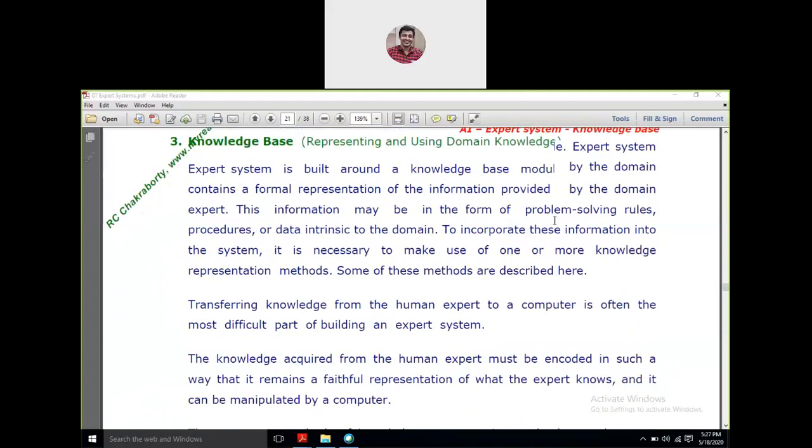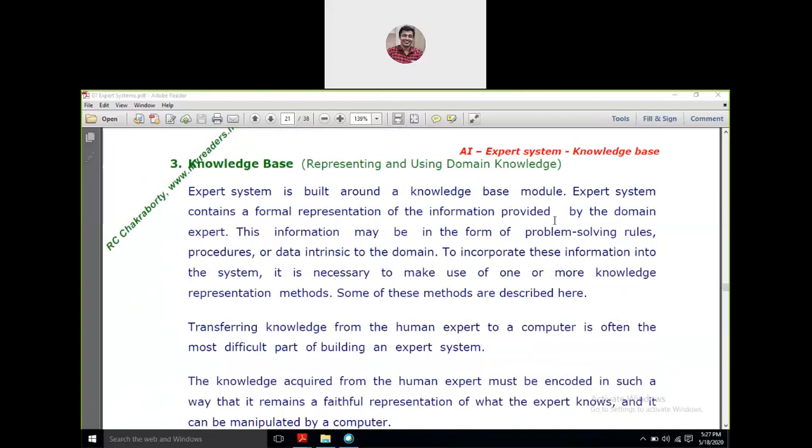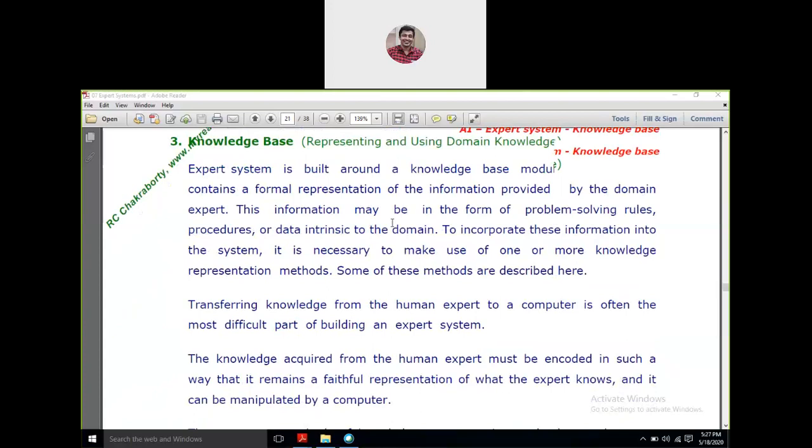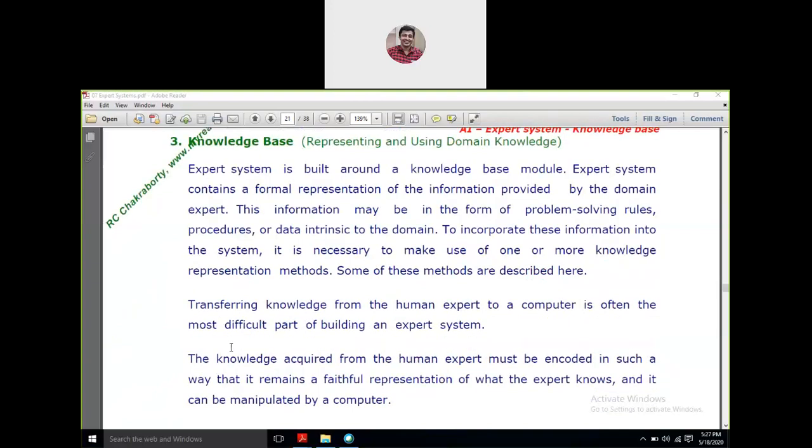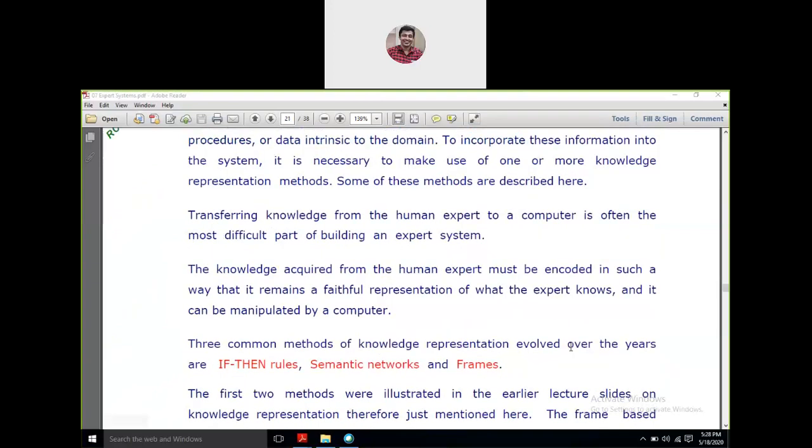Now comes the knowledge base. We're talking about the knowledge base. In the knowledge base, what we have is how we are going to use the knowledge that we have acquired, right? They talk about the three common methods of knowledge representation as we have gone through.